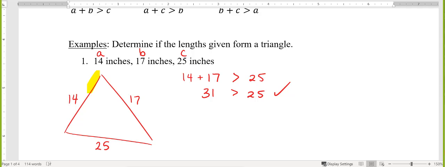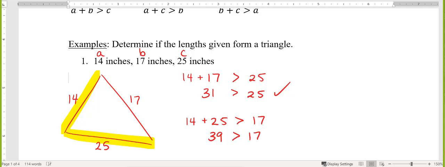Now I'm going to add 14 and 25. Is 14 plus 25 bigger than the third side that's not highlighted, 17? 14 plus 25 is 39. Is 39 bigger than 17? Yes.